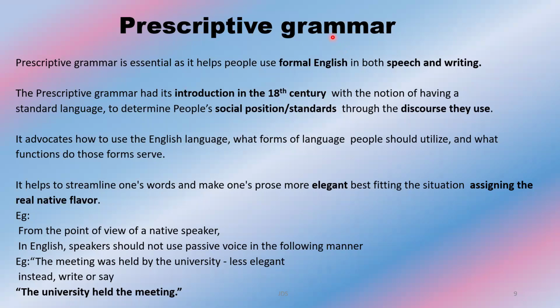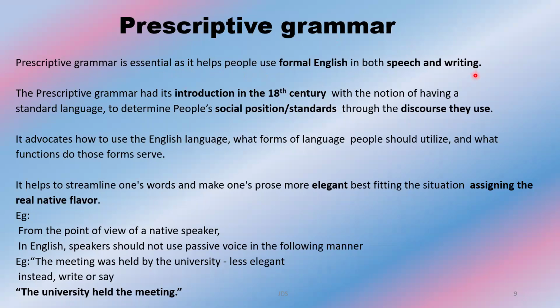There is no room for a person to use informal kind of language, even though it can communicate the meaning using informal or slang language, that is not approved by the prescriptive grammar. Right? So see, prescriptive grammar is essential as it helps people use formal English in both speech and writing.